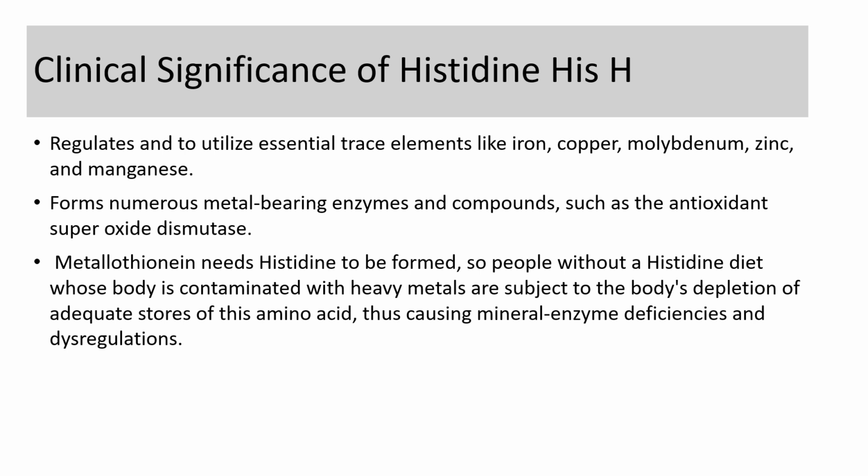Clinical significance of histidine, H: it regulates and utilizes essential trace elements like iron, copper, molybdenum, zinc, and manganese, and forms numerous metal bearing enzymes and compounds such as the antioxidant superoxide dismutase. Metallothionein needs histidine to be formed, so people without a histidine diet whose body is contaminated with heavy metals are subject to the body's depletion of adequate stores of the amino acid, thus causing mineral enzyme deficiencies and dysregulation.